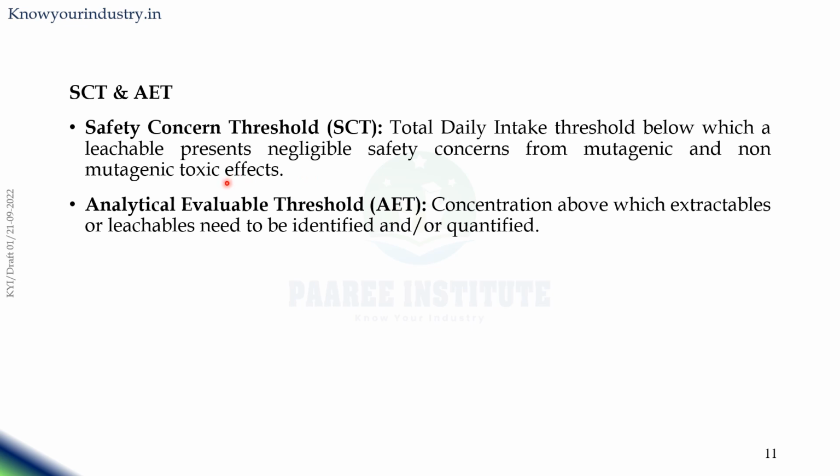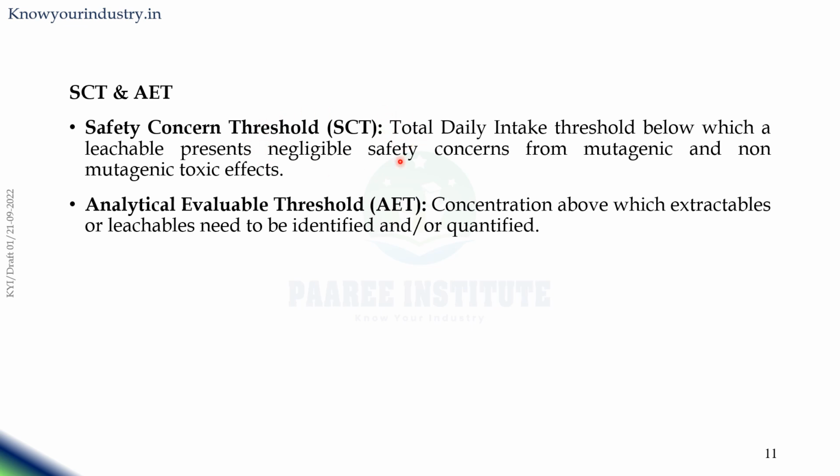That means, for example, you define 5 microgram per day as your safety concern threshold, meaning below 5 microgram per day, if you are getting the leachable, then you don't have any safety concern. If it is more than 5, then definitely you need to do the risk assessment. That is defined for different products by the regulatory agencies.